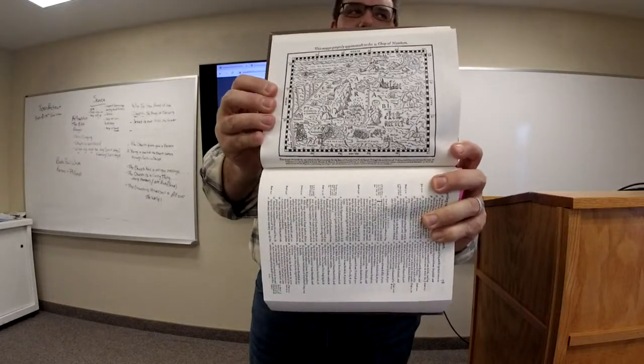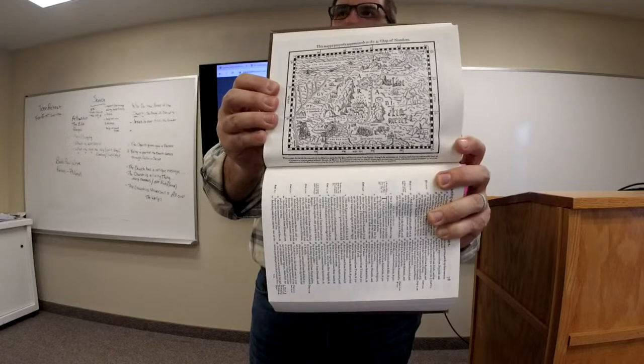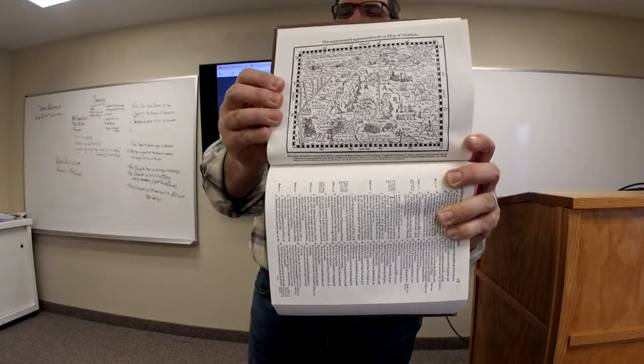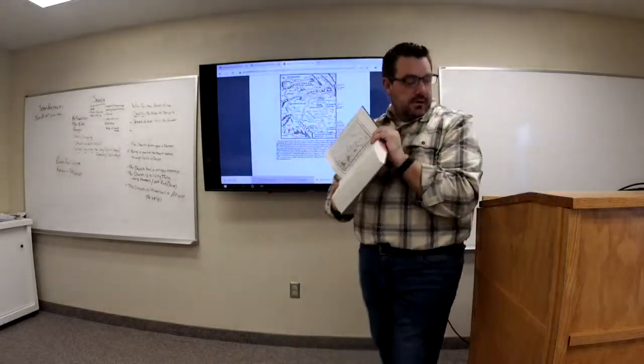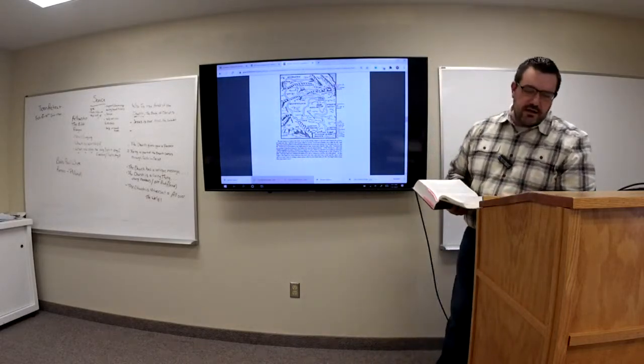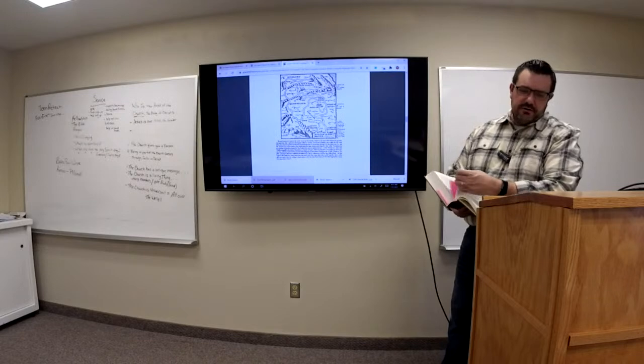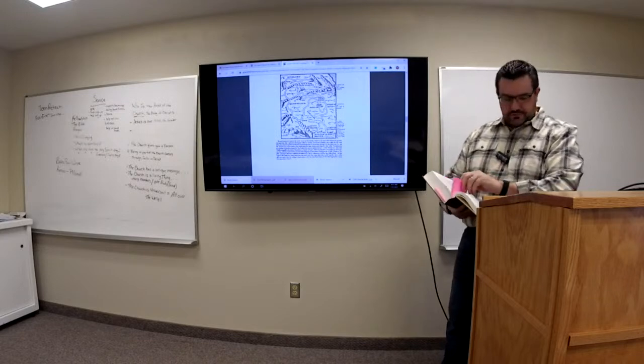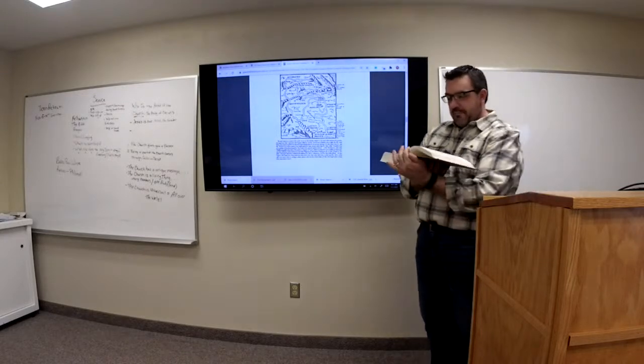So that's what it looks like. I didn't give you all of these because I'd fill the whole notes just with pictures. So there's the second map. The third map, the land of Canaan as divided among the several tribes, that's in Joshua 15. So here's that map.